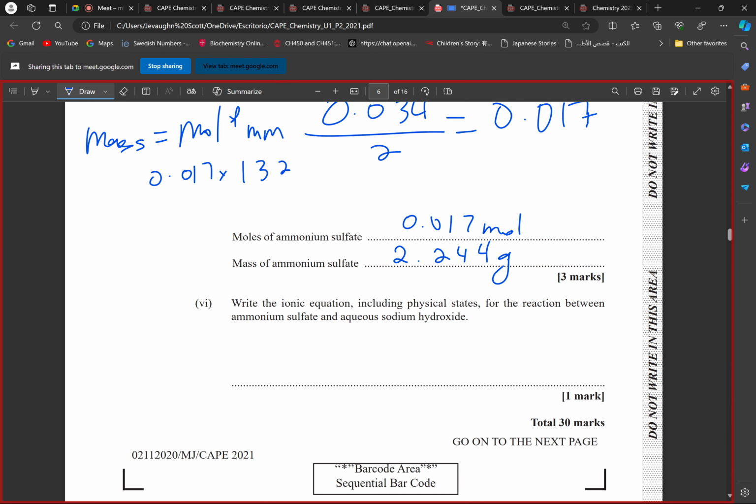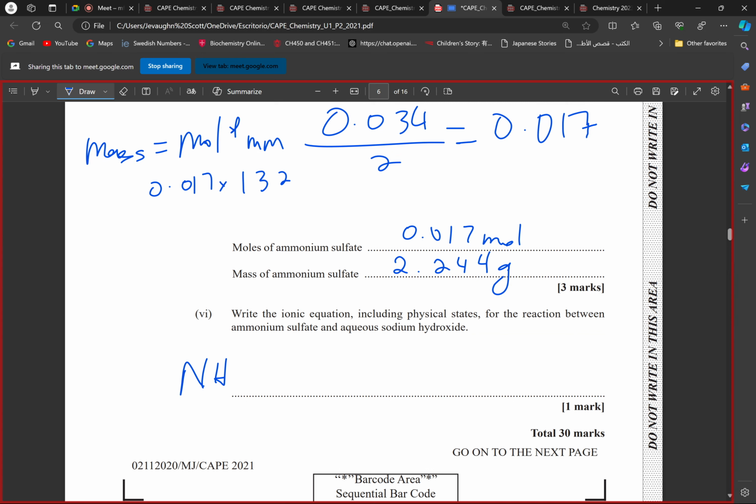Our reaction might look something like this. I'm going to write something, and if you see any mistakes, then we'll figure it out. SO4 2-, right? Plus, we're going to balance everything and write everything after. Sodium plus OH gives us sodium plus SO4 2-.